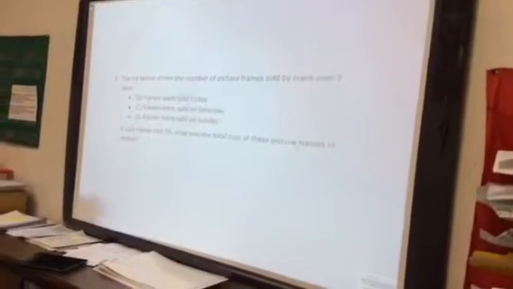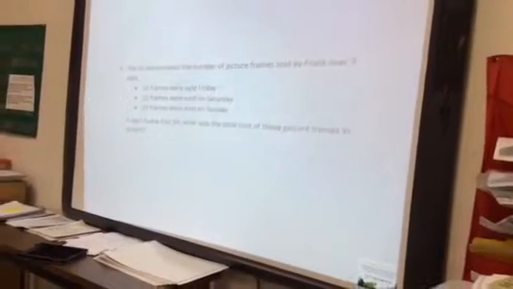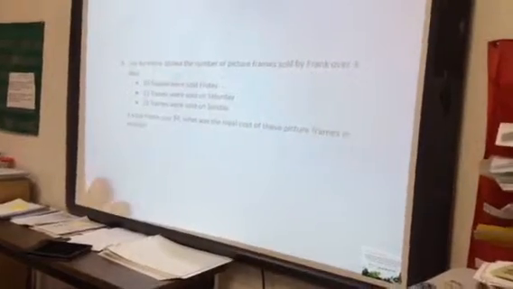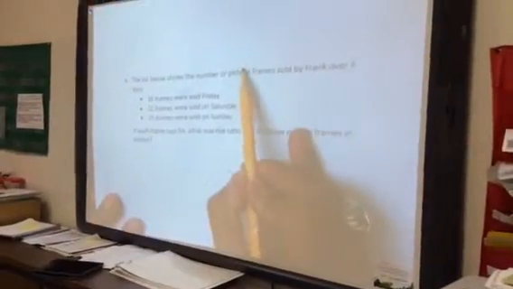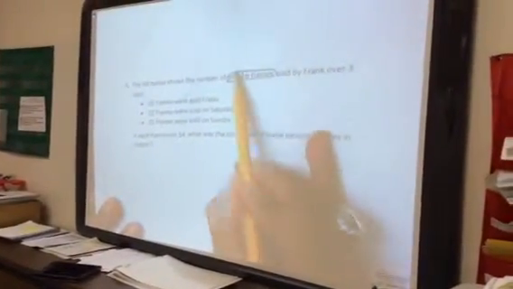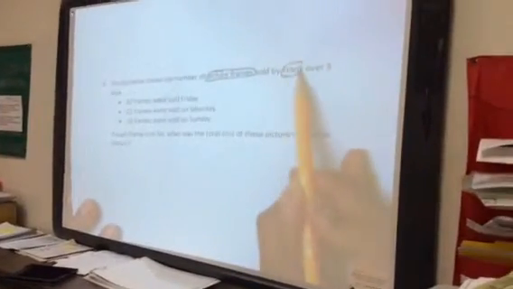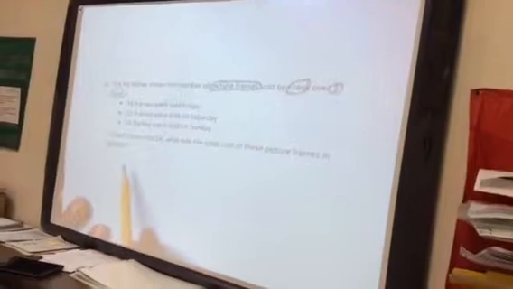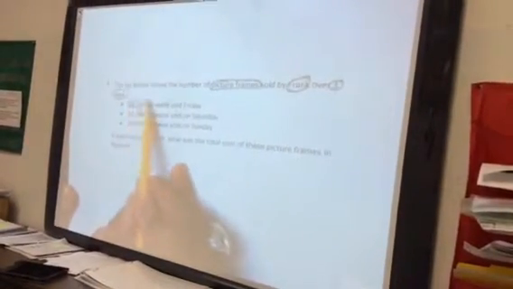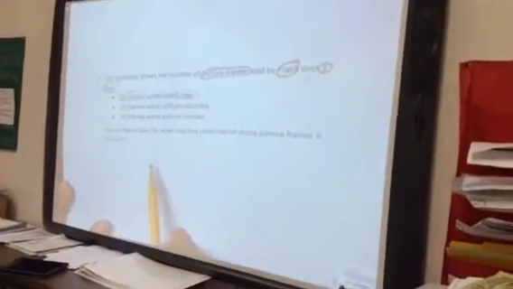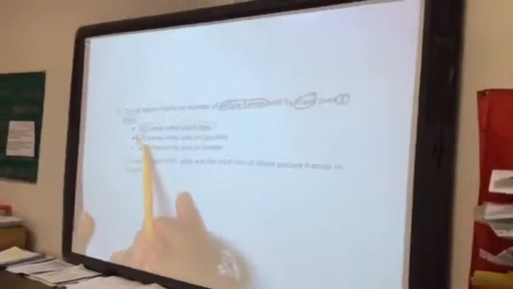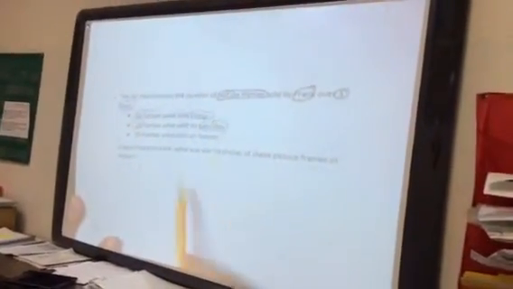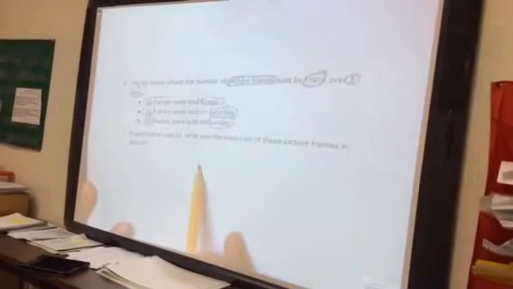Okay, let's look at the data that we have. There are a total of picture frames sold by Frank over 3 days. So we have 16 frames sold Friday, correct? 22 sold Saturday, 25 sold Sunday.